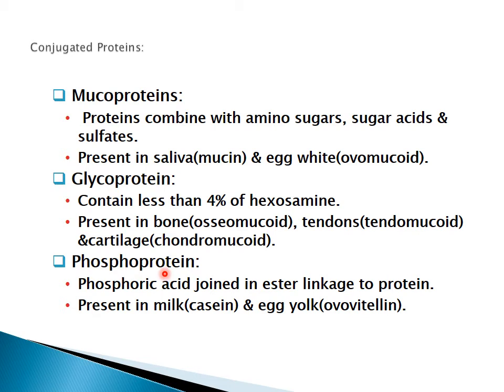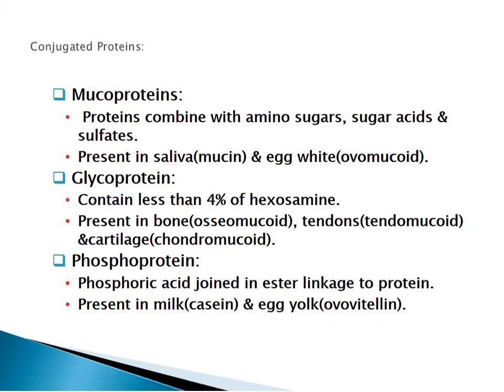Phosphoprotein is also an important type of the conjugated protein. In this protein, phosphoric acid joins its linkage to form a protein. It is present in the milk in the form of casein, and in the egg yolk it is present as ovovitellin.